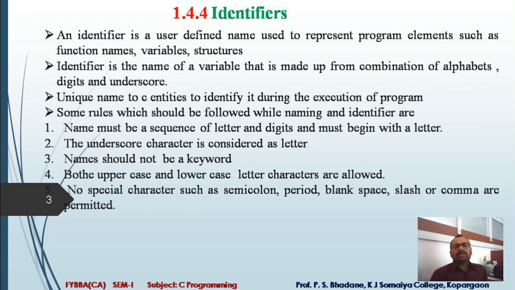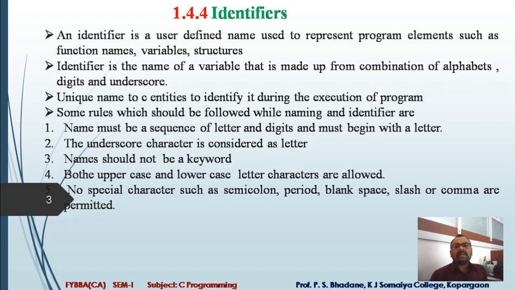Some rules which should be followed while naming an identifier are: the name must be a sequence of letters and digits and must begin with a letter. It is important: it must begin with a letter, small a to z, capital A to Z, or underscore, not 0 to 9. 0 to 9 are considered digits.